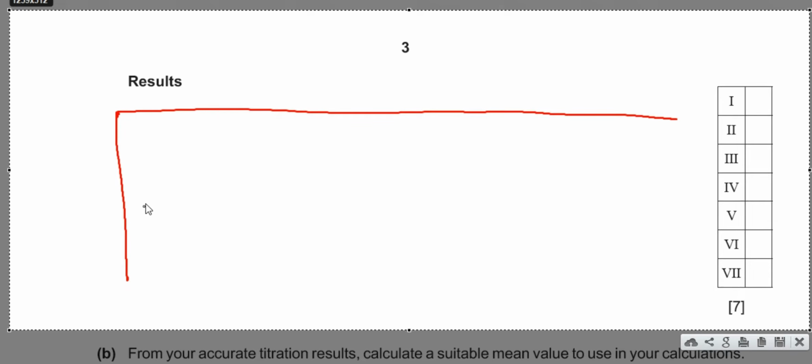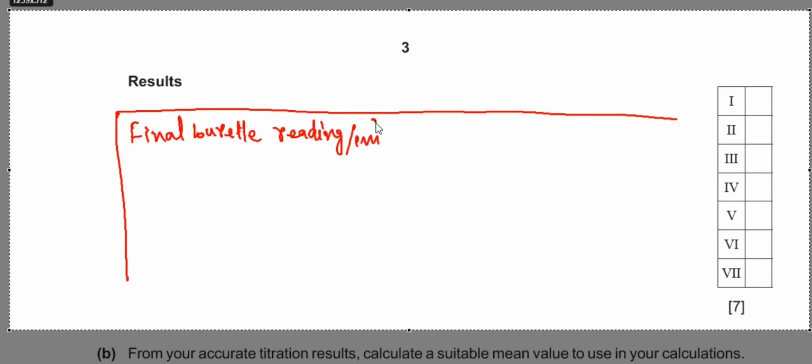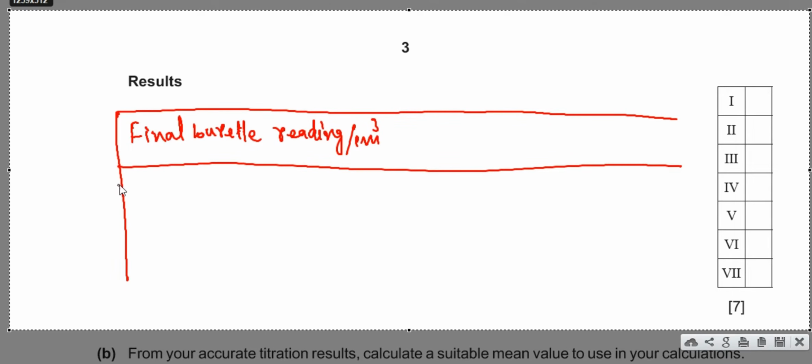Following the same situation, here I am going to write again the final burette reading, slash cm cube, and then the initial burette reading, slash cm cube.